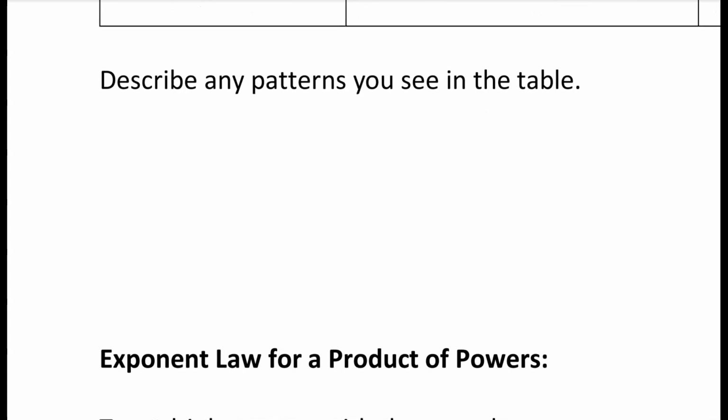Next it says, describe any patterns you see in the table. One thing that should jump out to you, and that I explained at the beginning, was that the bases are the same. In order for this product law to work, the bases must be the same. The next thing you saw us doing was adding the exponents.